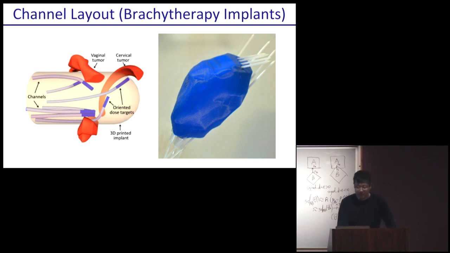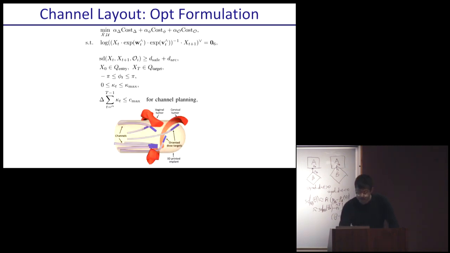If we expand this to channel layout, which is usually called brachytherapy implants in the medical area, we want a channel of tubes or needles, and we want to guide them to some target tumor area. The cost function, the objective and the constraint are similar, but there is one more thing.